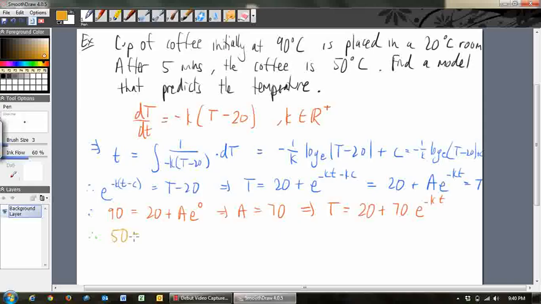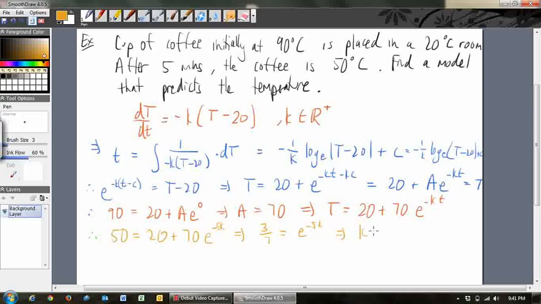So 50 equals 20 plus 70 e to the negative k when time's equal to 5, so negative 5k. Let's just quickly solve this. 20 goes over to that, it's 30. Divide by 70, so you've got 3/7. Oh, I picked horrible numbers. I was hoping it was going to come out nice. Just let me check that. 30 over 70. 3/7 equals e to the negative 5k.